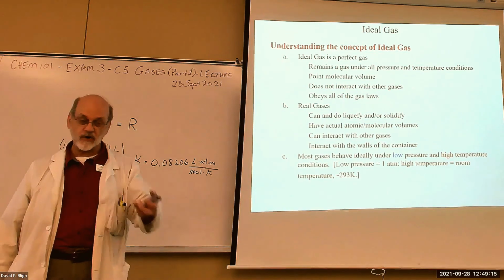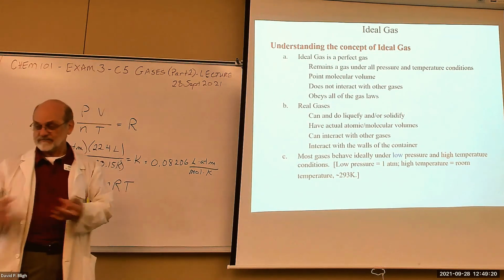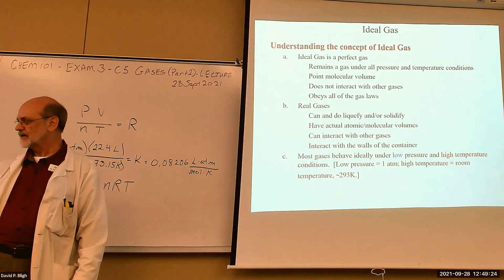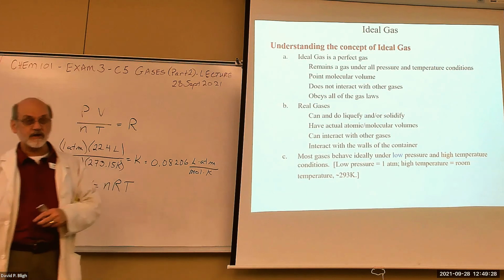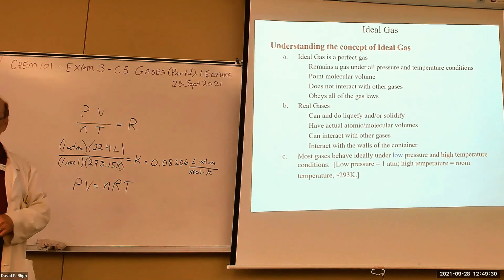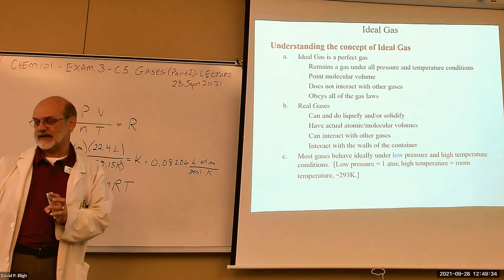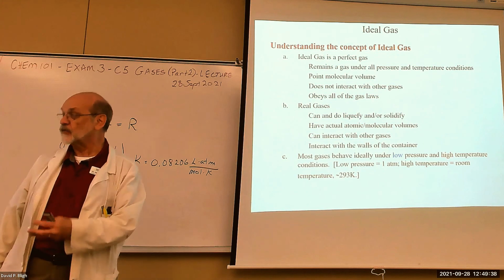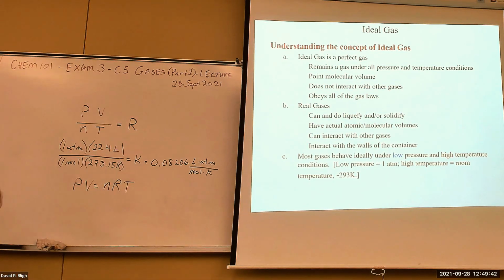Even when they first started, they didn't know any different. They just started investigating gases and they found that they all behave the same way at these temperatures and pressures. It wasn't until we started compressing them at very high pressure and decreasing their temperatures that we saw that gases really weren't behaving ideally under those conditions. But at room temperature and 1 atmosphere pressure, all gases behave alike.